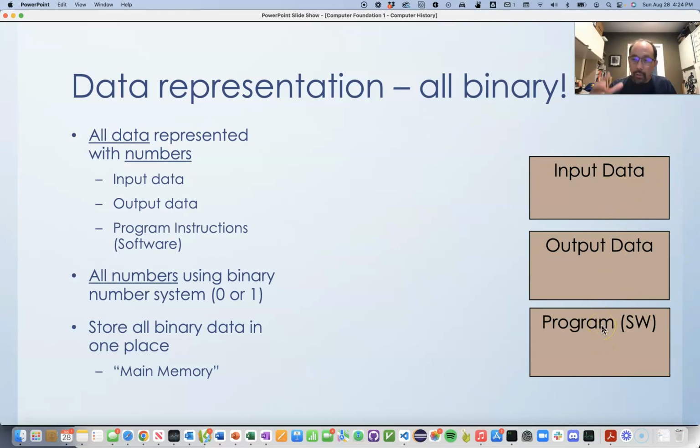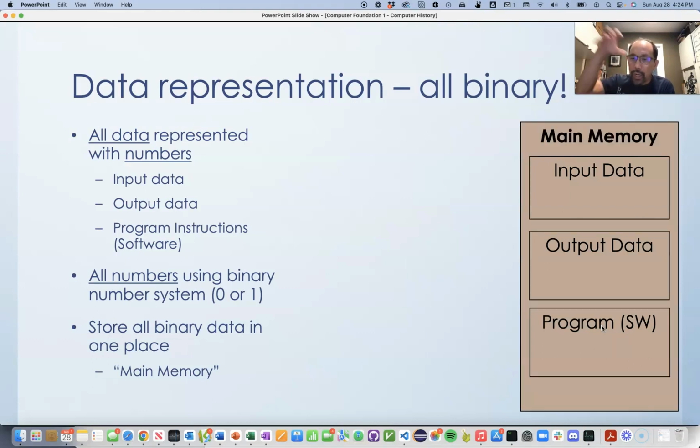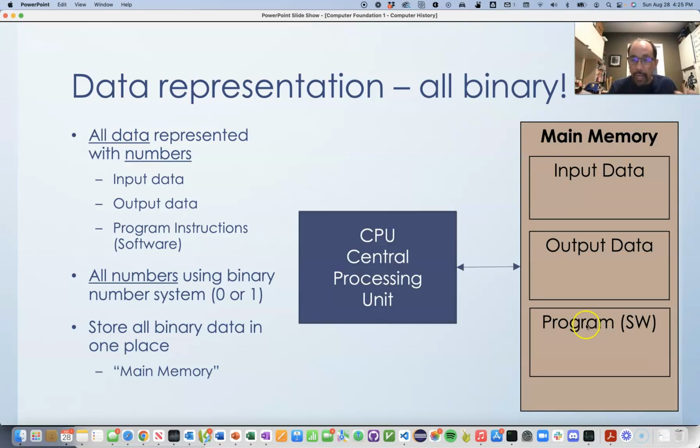And so the way we've organized computers today is that we put all of this data, input, output, program, into one location called main memory. And that main memory then is connected up to the brain of the computer, the central processing unit.